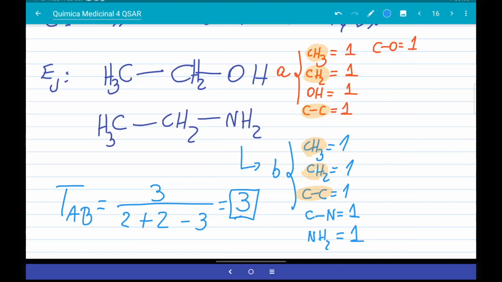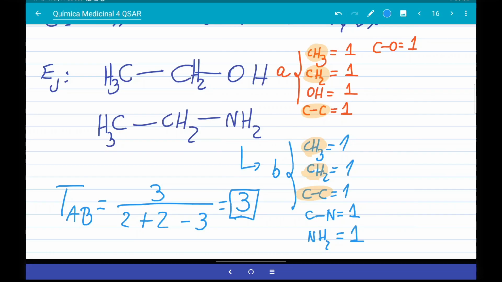And it says here, the steric factor of Taft is a measurement of the molar volume that a substituent has, because it is a measurement of the size, of its diameter.